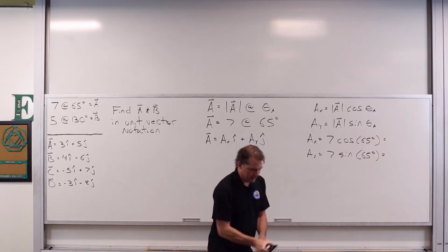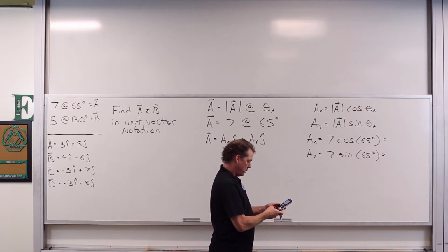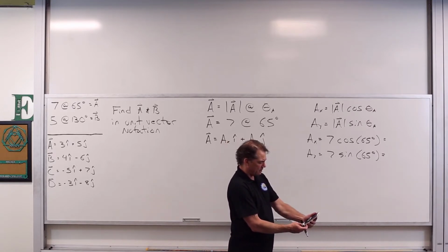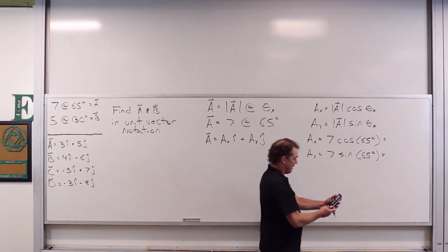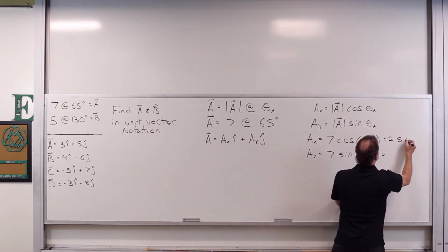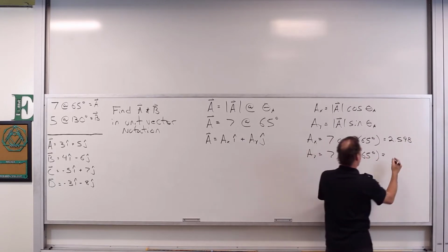Let's get ourselves a calculator here. Make sure that we're in degrees. Pretty sure I am. Cosine 65 and sine 65, and we've got 2.958, let's call that 2.958, that's fine. And then 6.344.